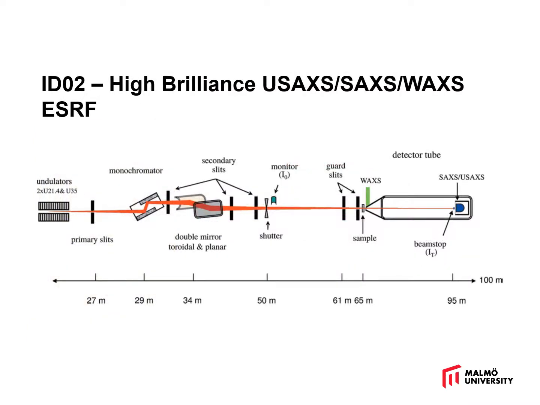Now, rather than show you another photo of a beamline, I've shown the schematic of the ID2 beamline at the ESRF. This is a really big beamline. It's highly productive, and you get really nice data on this. Without worrying too much about the details of the optics there, if you go to the sample position and see that it's about 65 meters from the undulators, and the detector itself can go back to 100 meters, so that's about 35 meters of sample to detector distance, and this means that this beamline can really go to very low Q values.